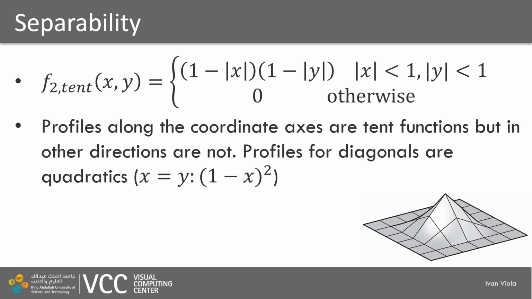This could be seen, for example, on the tent filter. The two-dimensional tent filter is a linear filter, so bilinear interpolation is a linear interpolation only along the axes x and y, but it is not a linear interpolation along other directions.